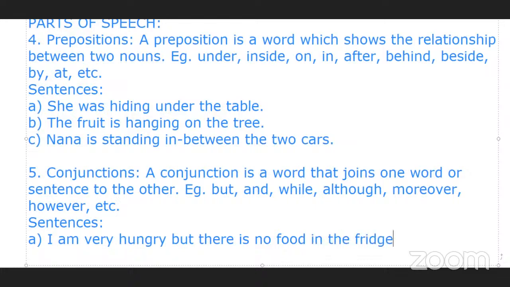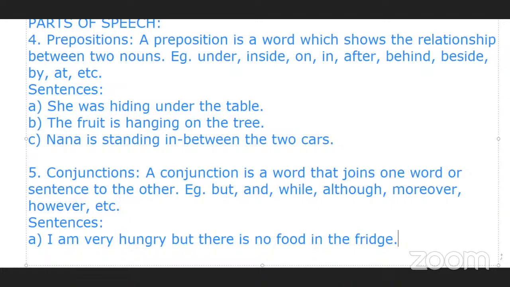Great. So our conjunction here is what? But. Great. So but is joining two sentences. And we said conjunctions can also join words.